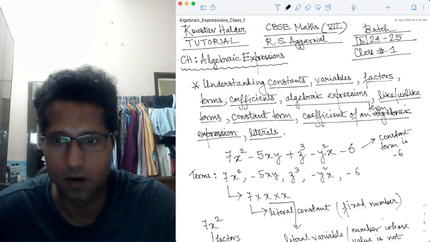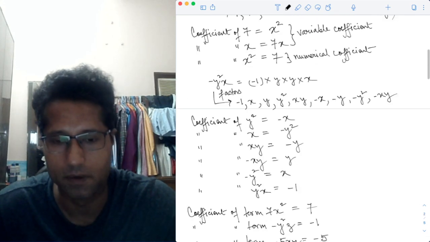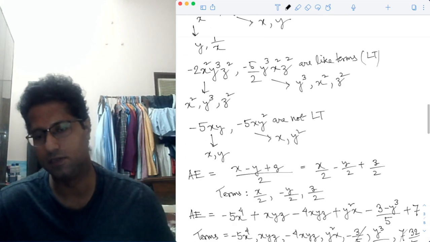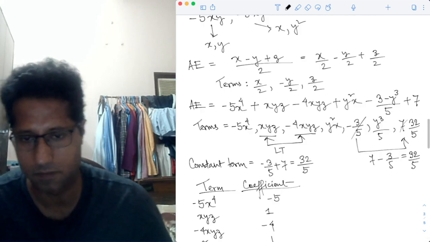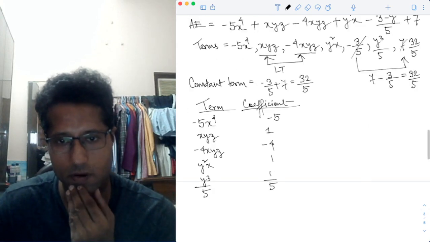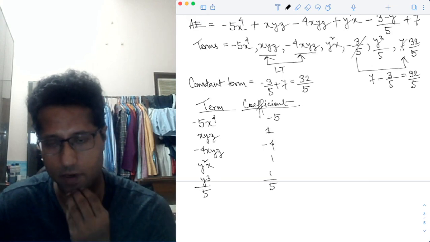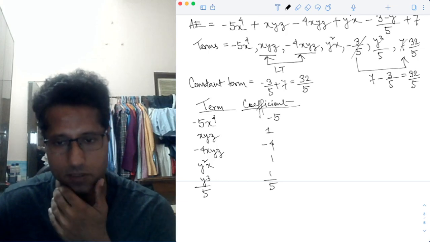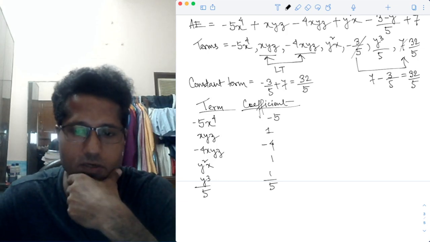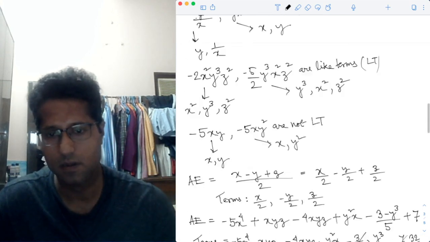I hope you got a pretty good concept about these fundamentals. You have already learned these in your previous classes, but I thought it should be very clear for understanding algebraic expressions and moving on further, like addition and subtraction, and then multiplication and division of algebraic expressions.